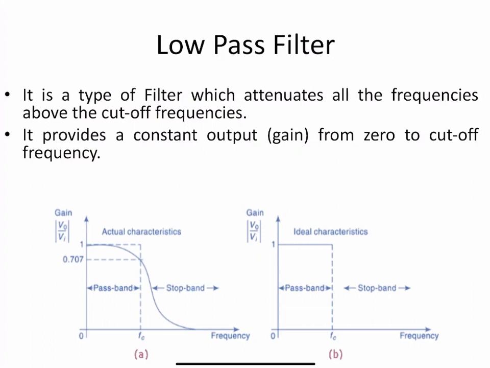Actually in practical circuits, a low pass filter has this frequency response curve, means it decreases above the cutoff frequency. This is the pass band between 0 to cutoff frequency. Above cutoff frequency there is a stop band, and there is some transition between the pass band and stop band in the actual characteristic of the filter.